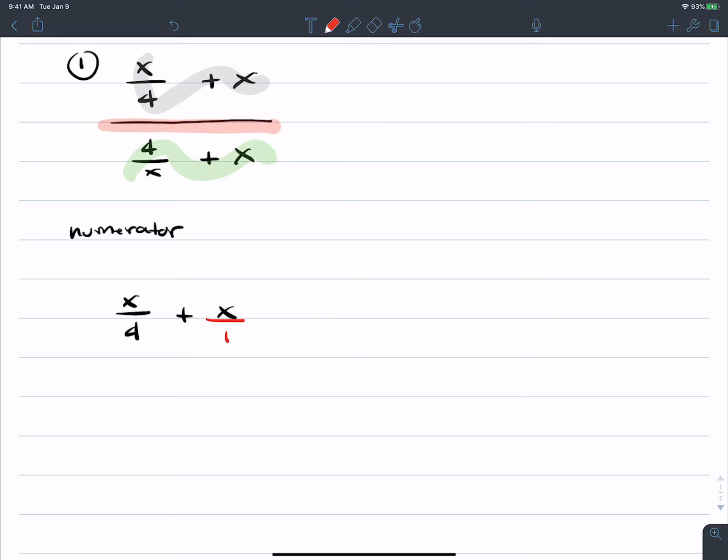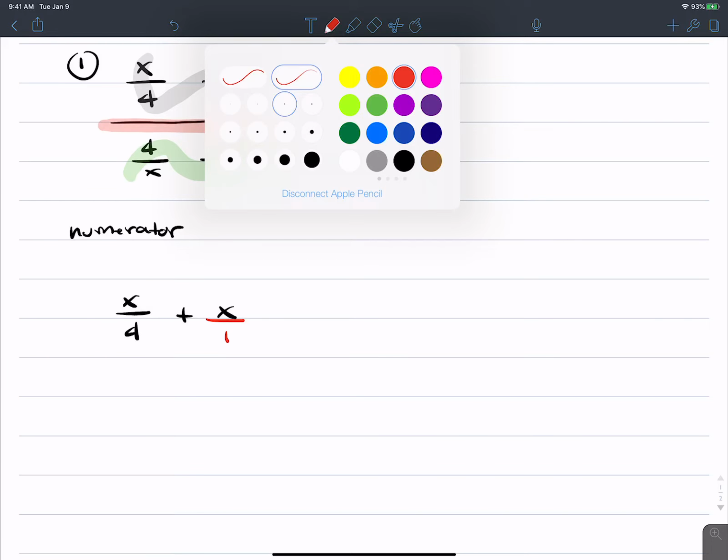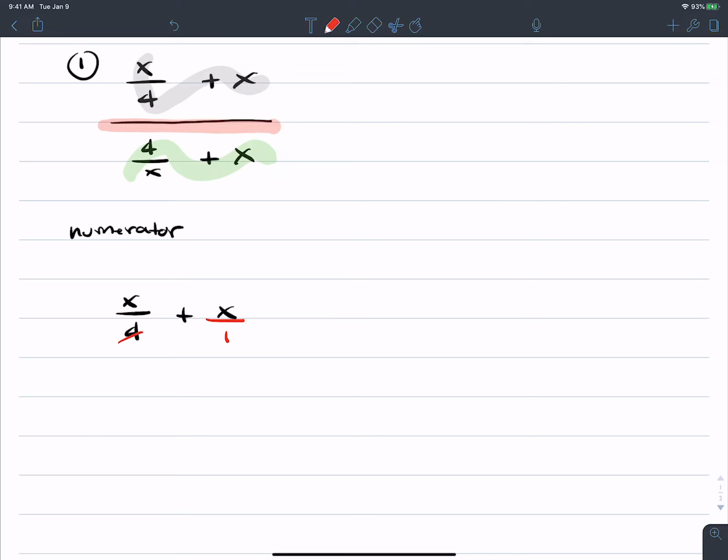So we need to add fractions that are like here. We have to convert our fractions to an LCM or with a denominator that's the same. Typically we find the LCM of the denominators here, 1 and 4. So we're going to try to find the LCM of 1 and 4 here, and go through that process.